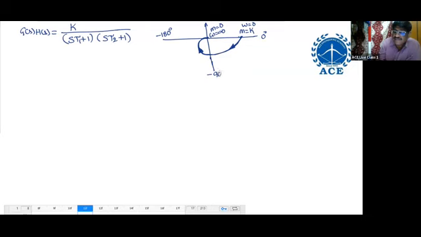What is the intersection point with minus 90? Here ω equals 1 by root of tau 1 tau 2 radians per second. What is the magnitude here? K into root of tau 1 tau 2 by (tau 1 plus tau 2). Remember this: ω equals 1 by root of tau 1 tau 2, and magnitude is K root of tau 1 tau 2 by (tau 1 plus tau 2).